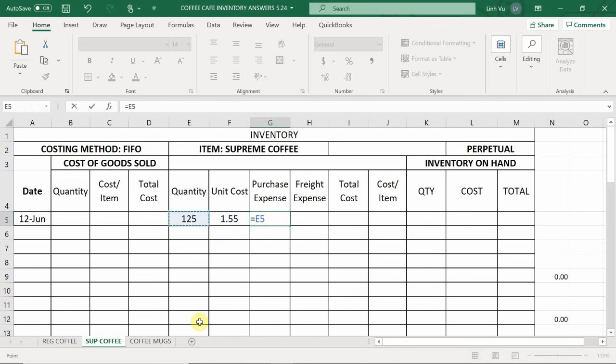So what is my purchase price here? $193.75. And once again, we're going to leave our freight alone because we're going to come back to this worksheet.